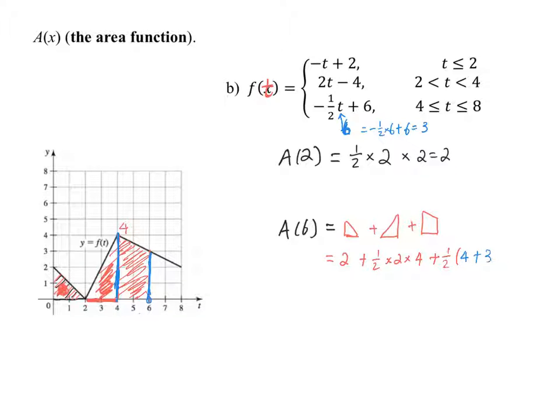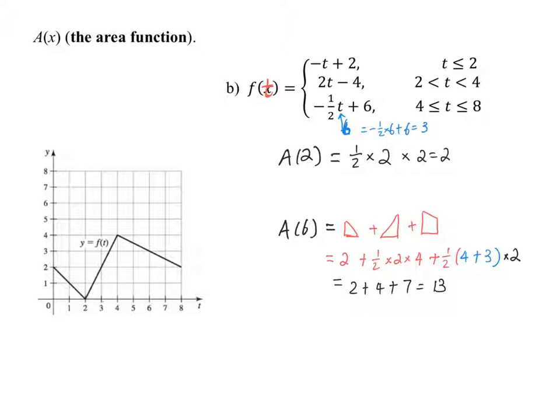We do know this is 3, times the height. You can think of this green portion as the height of this trapezoid, and you can see that it is equal to 2, right? After the algebra, this is going to be 7, and you can see this is 13. So A of 6 is 13. So this is really just a warm up to make sure that you know what this A of x means.